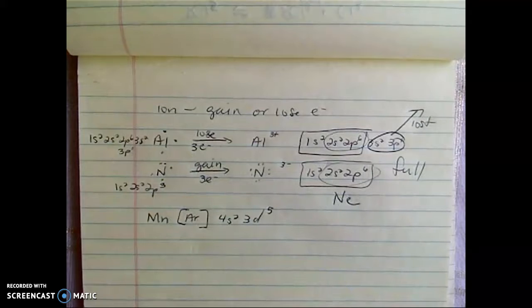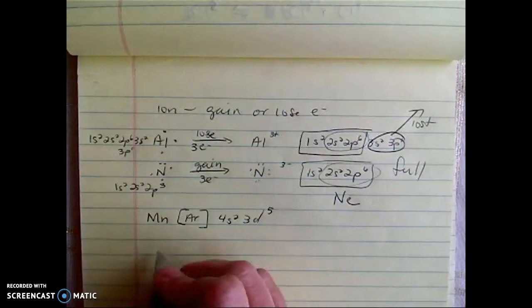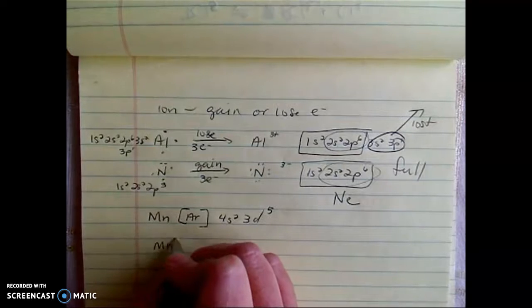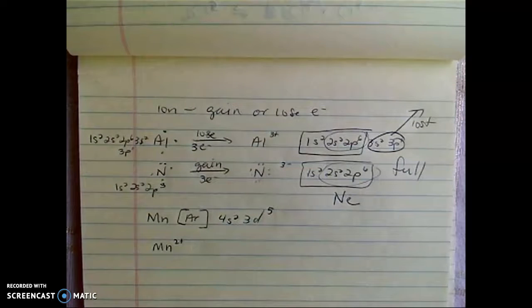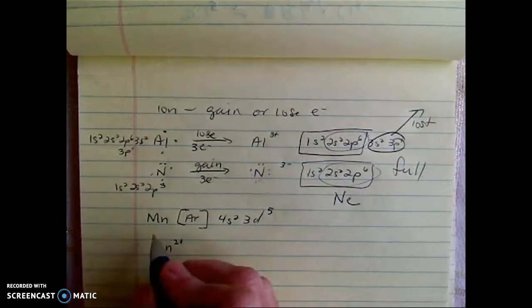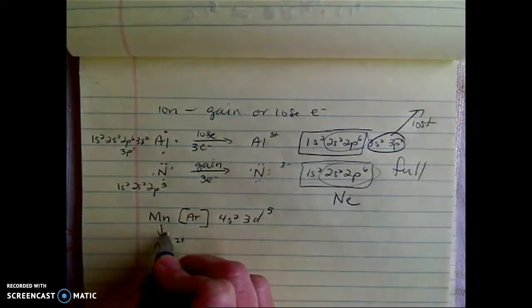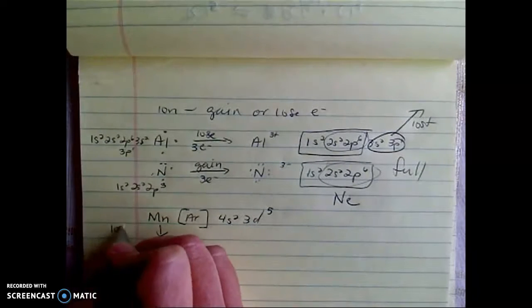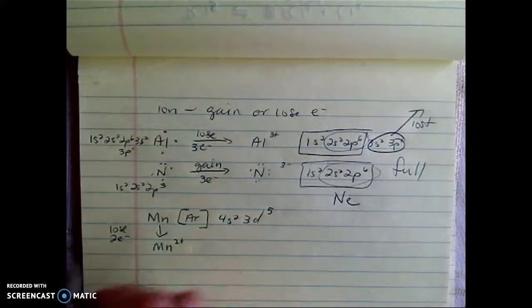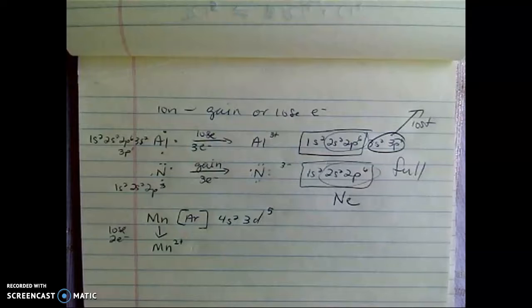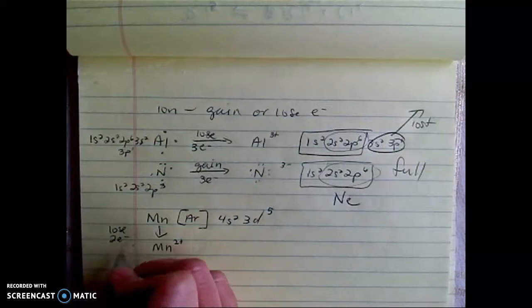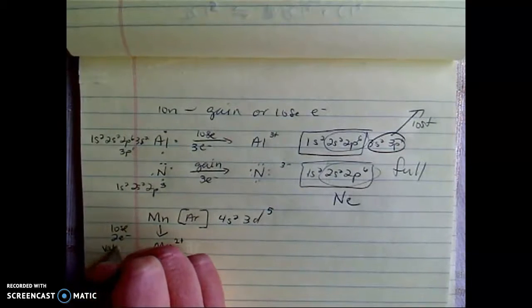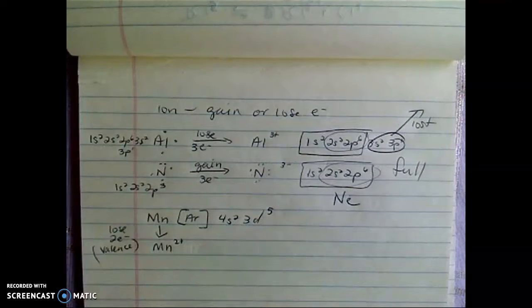Now, manganese can have a lot of different charges. One of its most common charges is a 2+. Again, what does 2+ mean? It means going from manganese to manganese 2+, it has to lose 2 electrons. Now remember, it has to lose 2 electrons, but it has to be valence electrons.